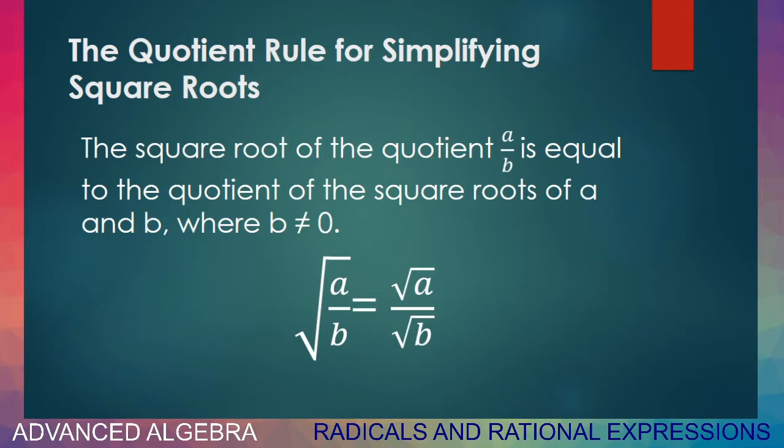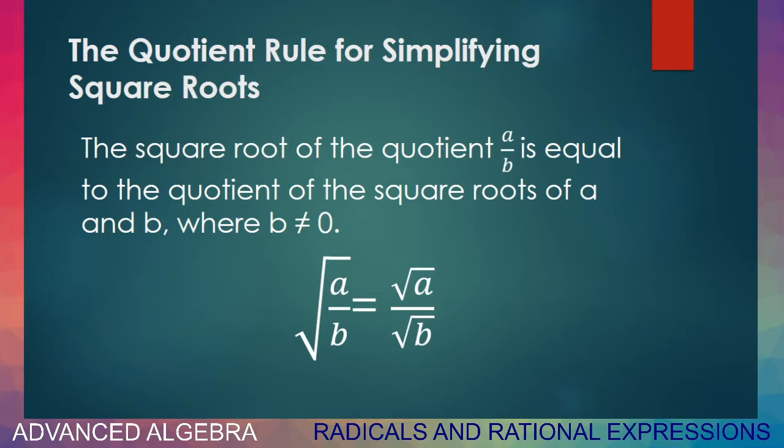Ginagawa lang natin ito kapag nagdi-deal tayo sa mga ganitong number, kunwari, 4 times 4, or 4 times 9, 4 times 5. Tapos, sa ilalim, meron tayong denominator, 4, o kaya 25.